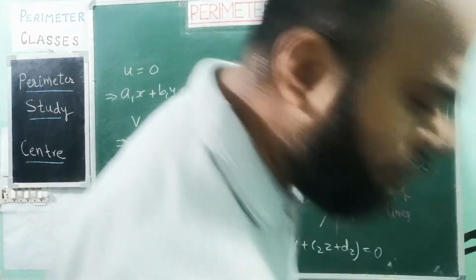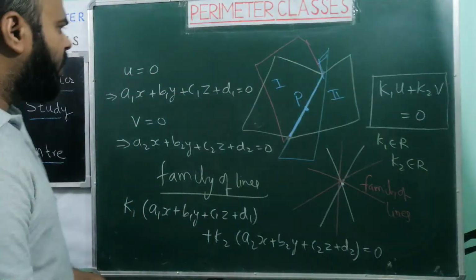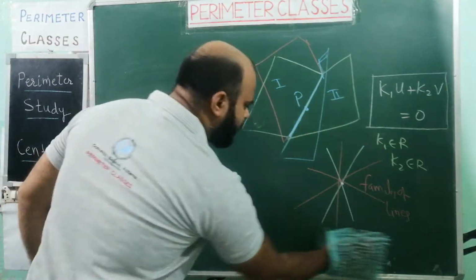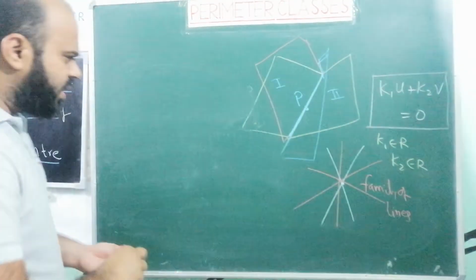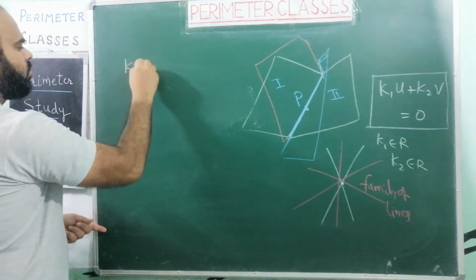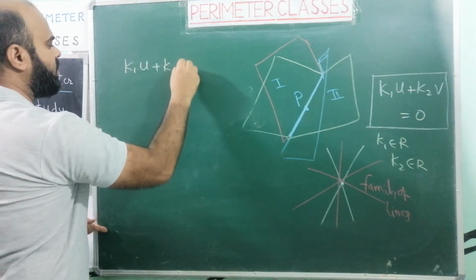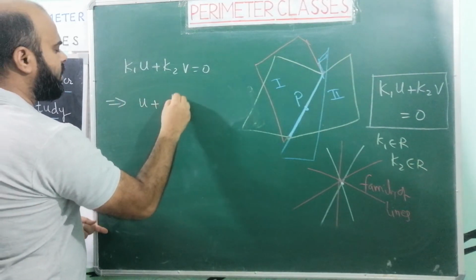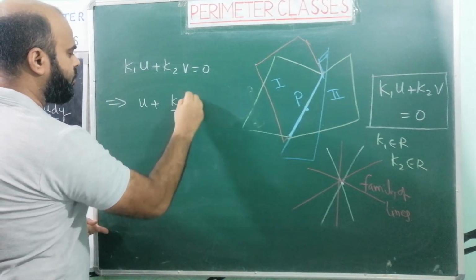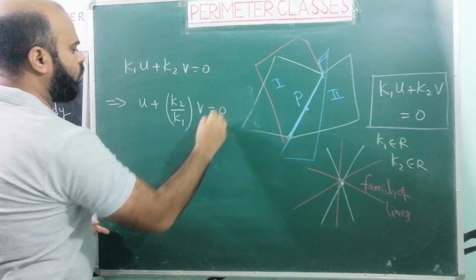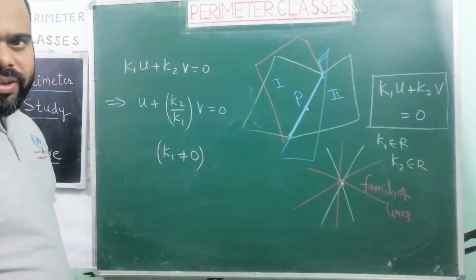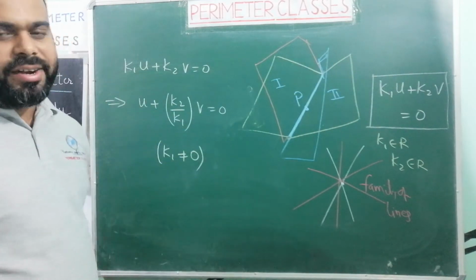For practical purposes, we generally write this equation like this: if k1u plus k2v equal to 0 is given, we can also write u plus k2 by k1 v equal to 0, where k1 is not equal to 0, obviously, only then can you divide.